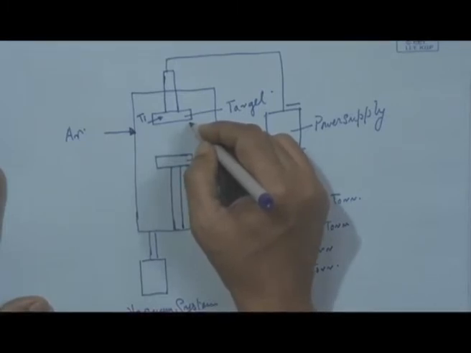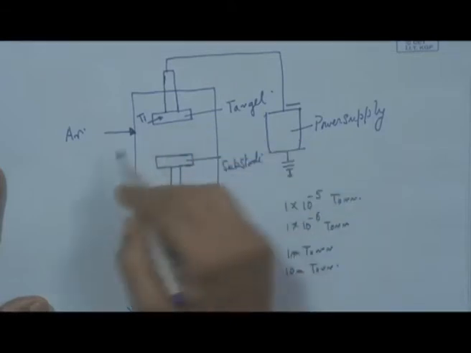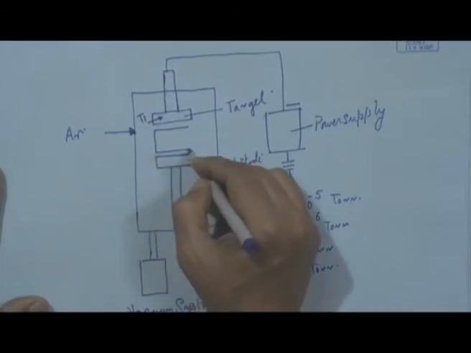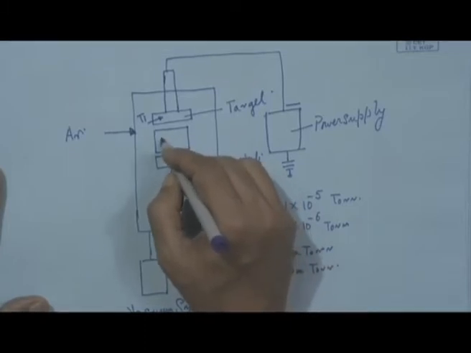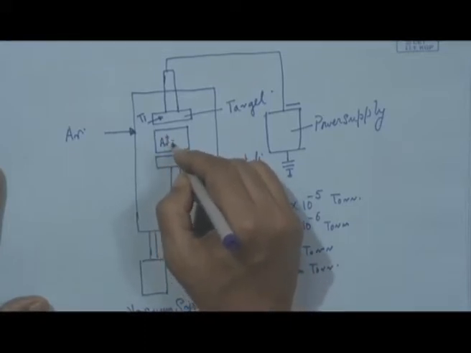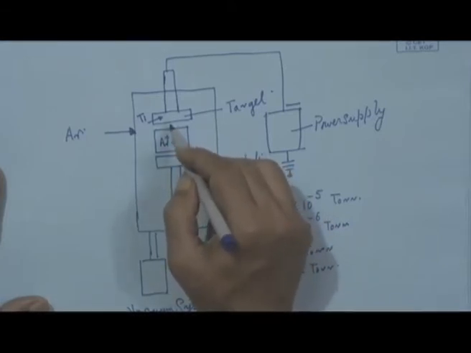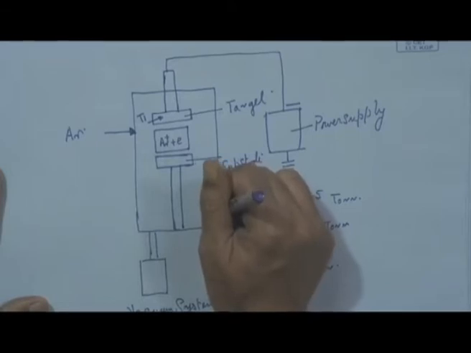These floating electrons will be attracted and will hit the neutral argon in this zone, and here we have splitting of argon into argon ion plus one electron. This splitting will occur because the electron will flow in this direction because of the negative-positive polarity on this side.